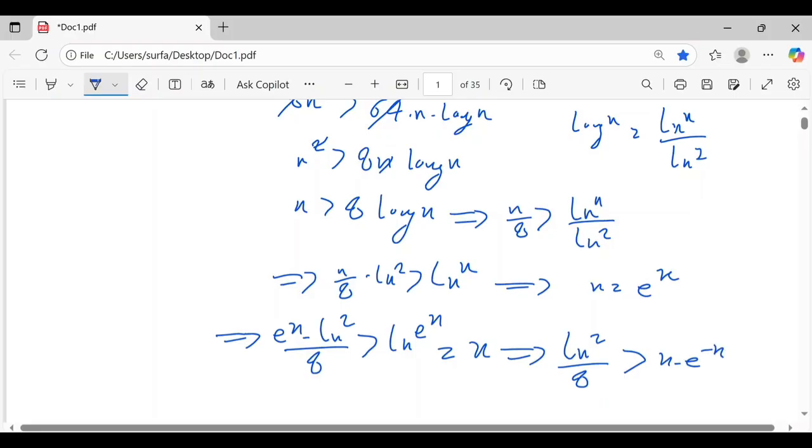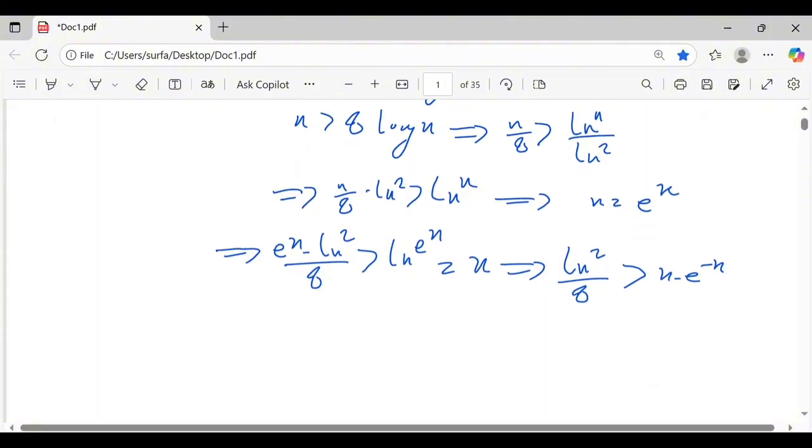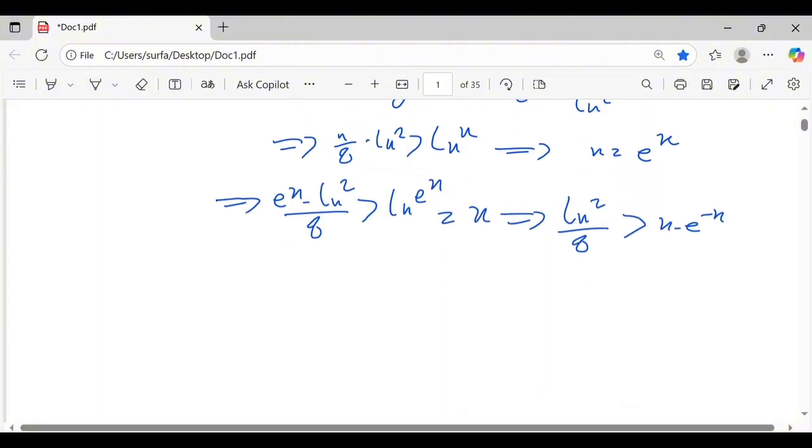Here we want to use the Lambert function for solving this problem. The form of this function is something like this: if we have x times e to the power x equal to y, we know that the value of x is equal to the Lambert function of y.